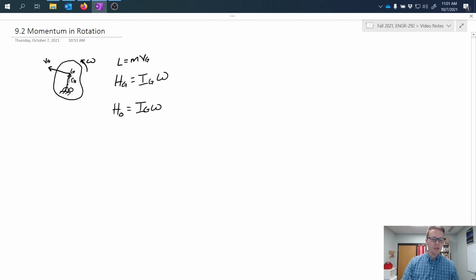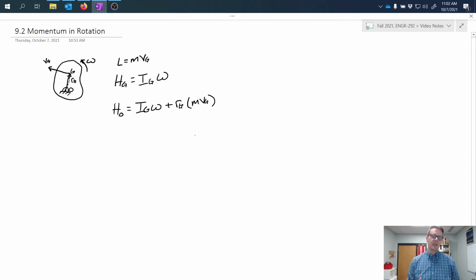But now, because we're rotating about a different axis, we have to take into account that that center of gravity itself is moving, and I'm going to add on the term R subscript G, so that position vector, times the linear momentum, in this case, m V_G.